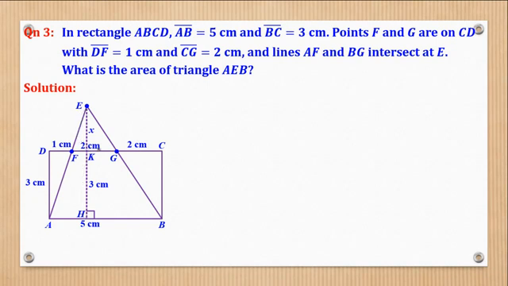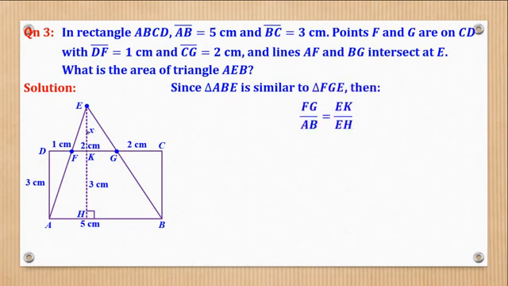So still we have similar triangles, meaning I can now get the similarity. It means FG over AB is equal to EK over EH.